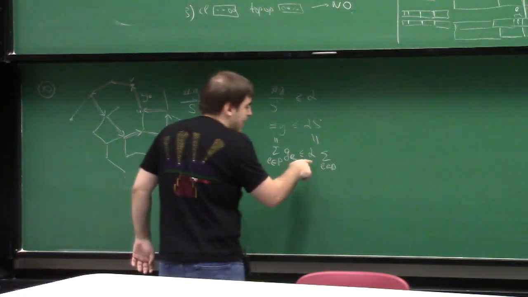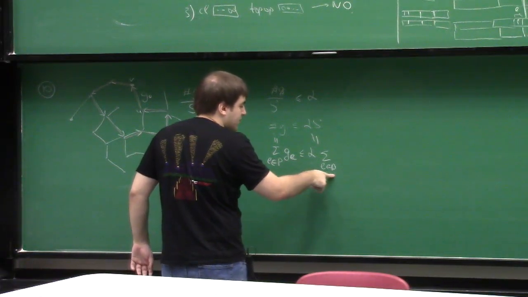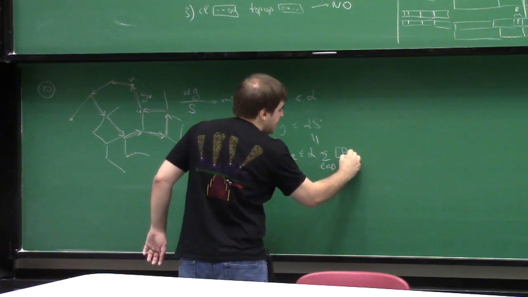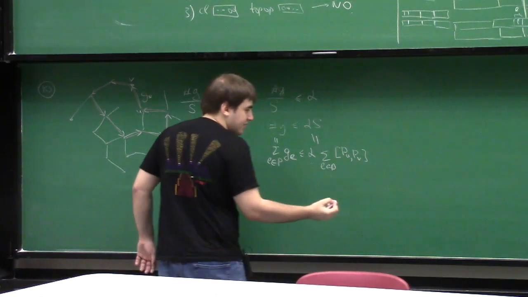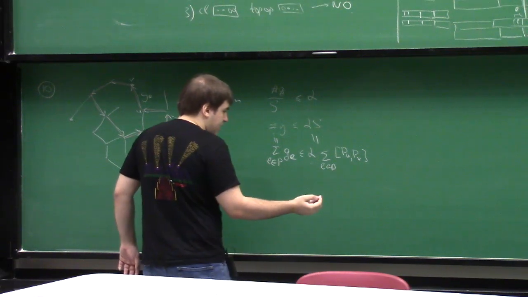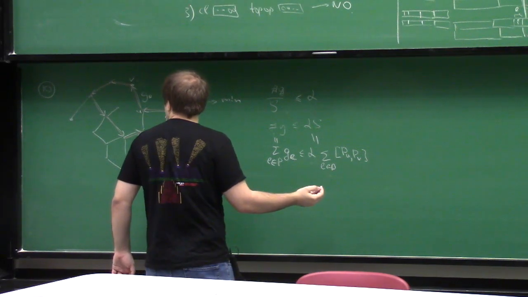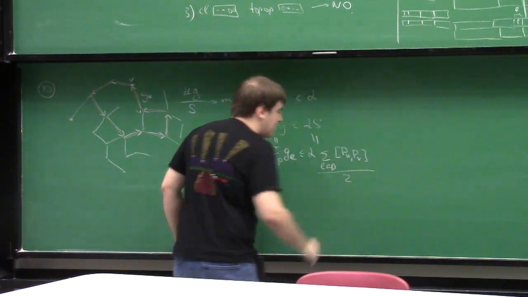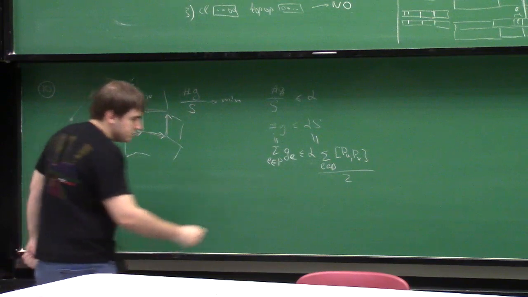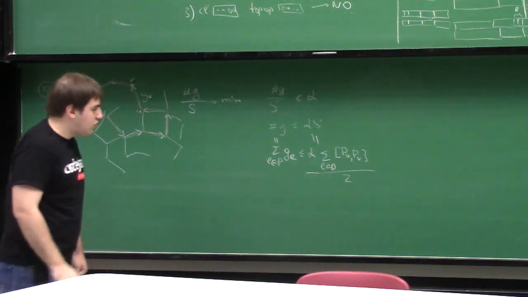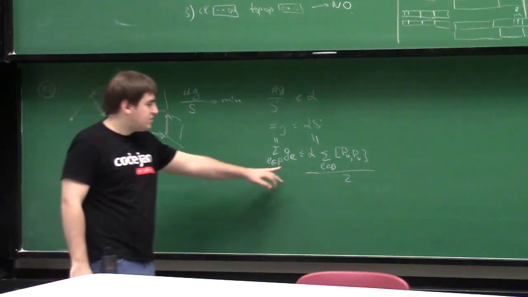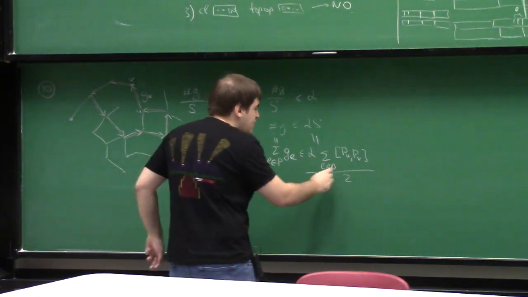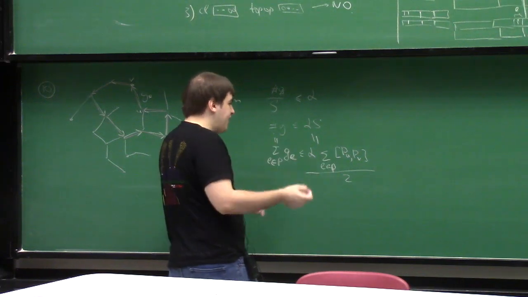This is alpha multiplied by the sum over all edges of the vector product of PU multiplied by PV, and everything is divided by 2. So this is the equivalent statement, where E is equal to UV.